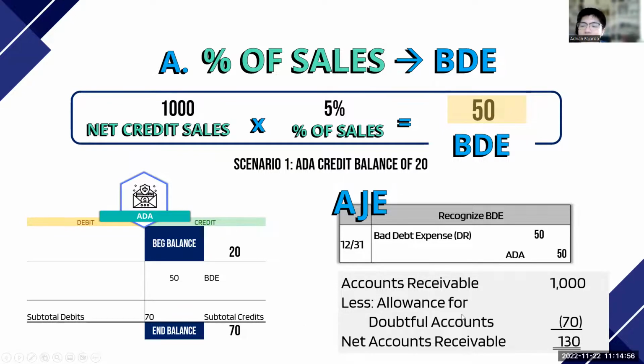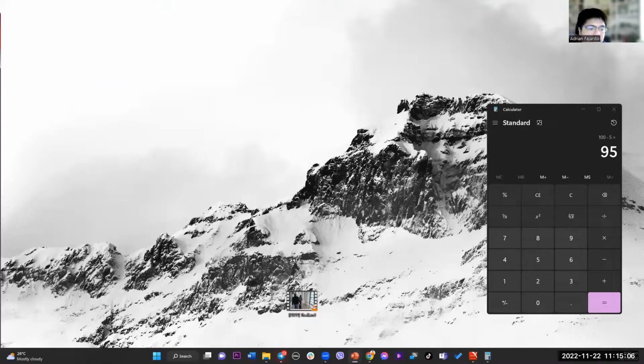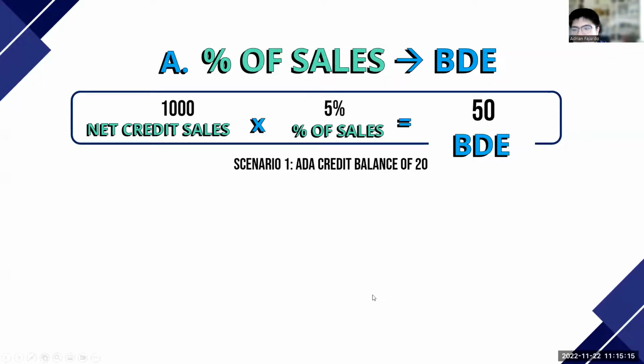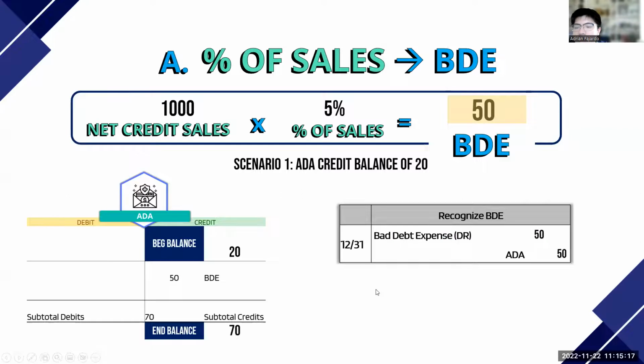And then, since we got an ADA of 70, we are able to get the net accounts receivable at 930. Yeah. So clear naman so far. So again, please, babagsak kayo if ma-confuse nyo itong theory na to. Percentage of sales gives you BDE.